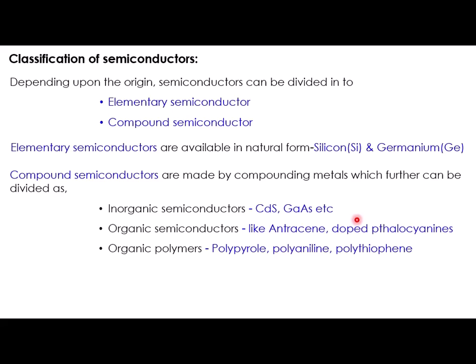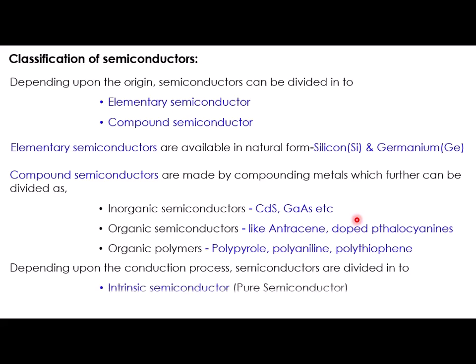Examples of organic semiconductors are anthracene and phthalocyanines, whereas examples of organic polymers are polypyrrole, polyaniline, polythiophene, like that. Now, depending upon the conduction process, semiconductors can be divided into two types.